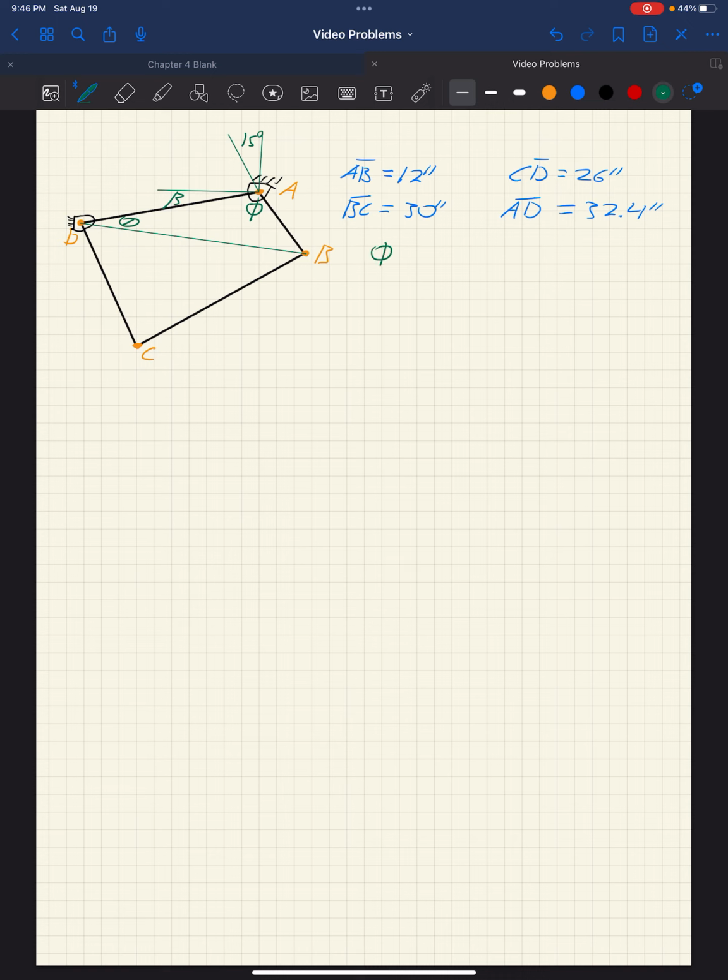Just write those down. Phi equal to 96.1 degrees, and theta equal to 19.5 degrees.